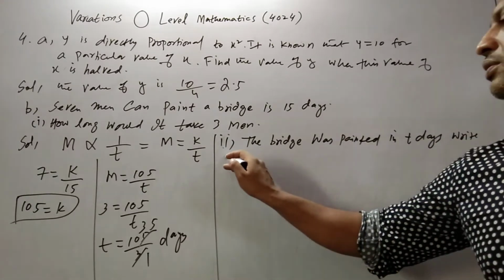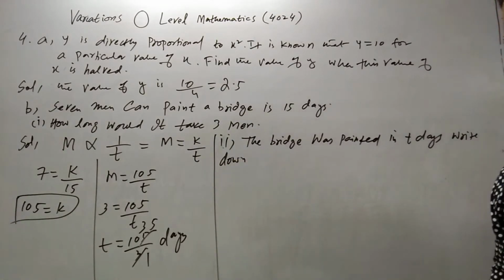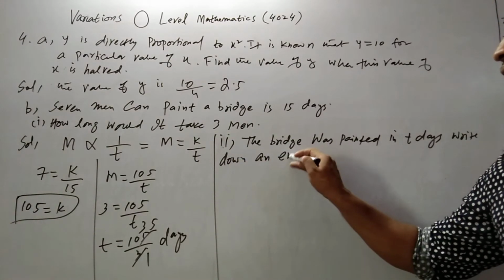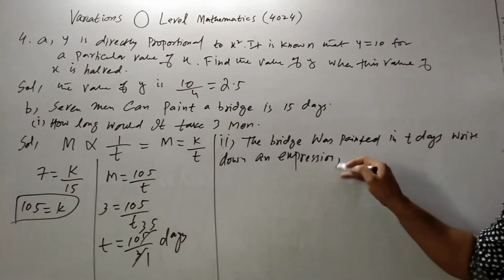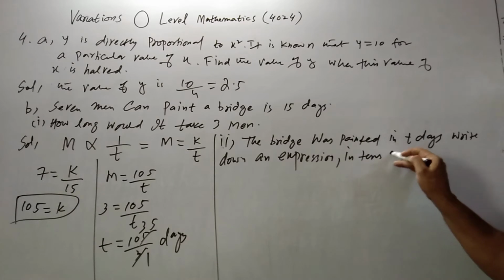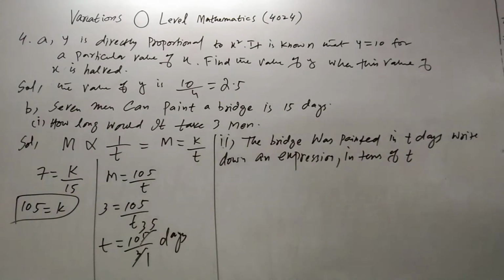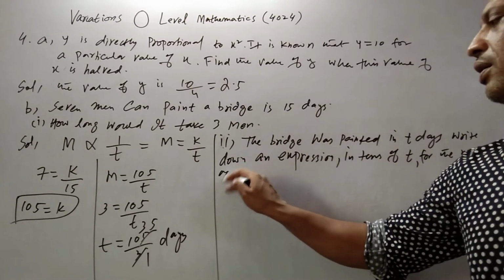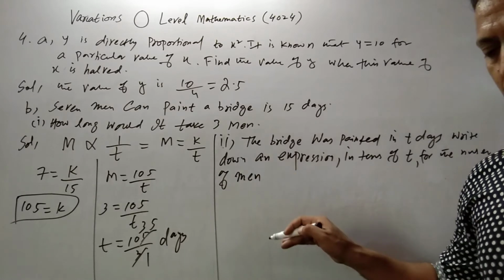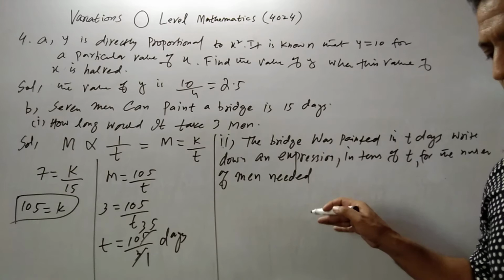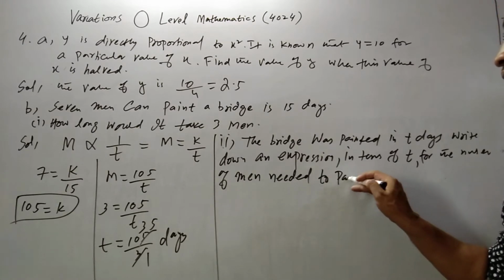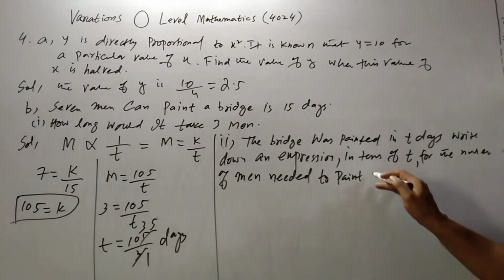Write down an expression in terms of T for the number of men needed to paint the bridge.